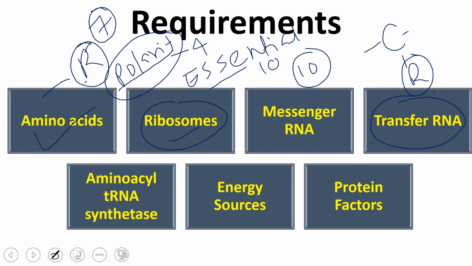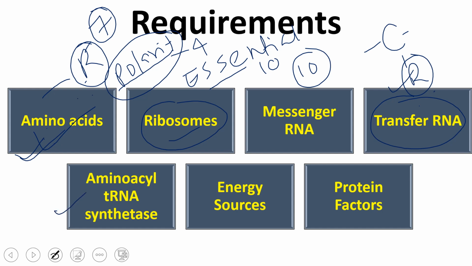Okay, for this one amino acid going to be loaded on tRNA, it requires a specific enzyme. The enzyme which joins this amino acid on tRNA is the amino acid tRNA synthetase.